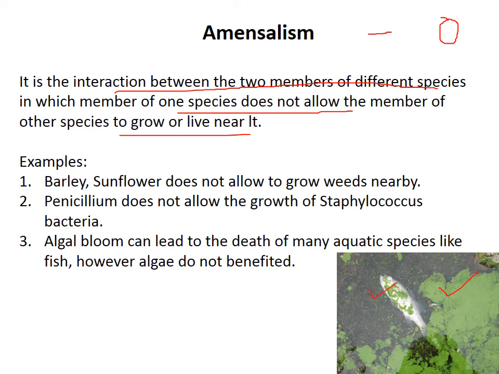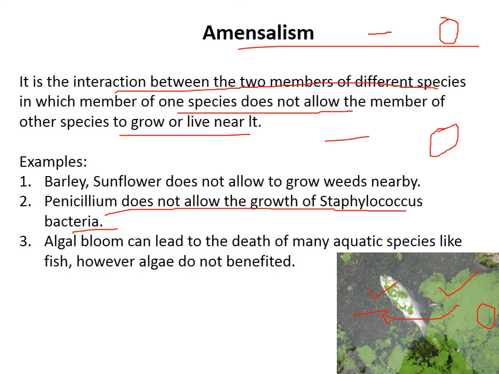The algal bloom is negative for the fish, but the fish gives nothing to the algae, so the algae get zero. Another example is penicillium, which does not allow the growth of staphylococcus bacteria, but penicillium gets nothing from the bacteria. So that is amensalism.